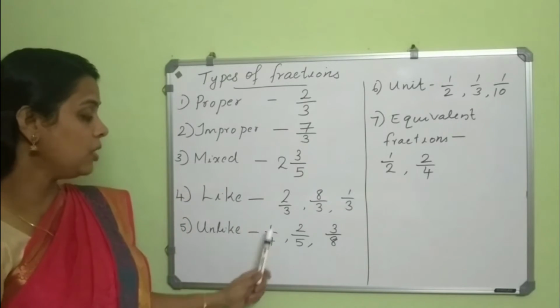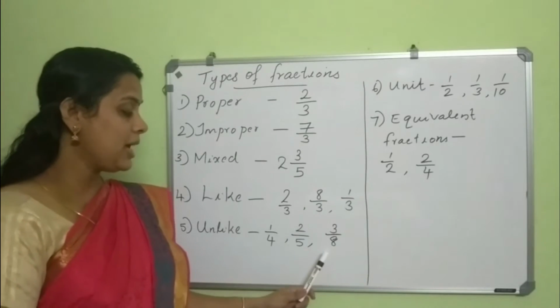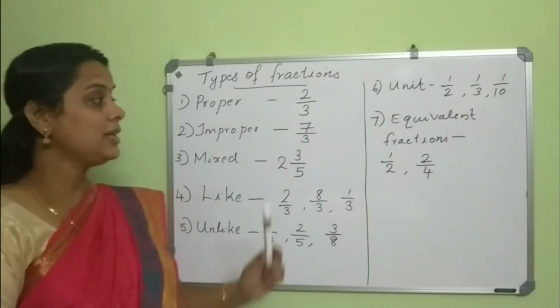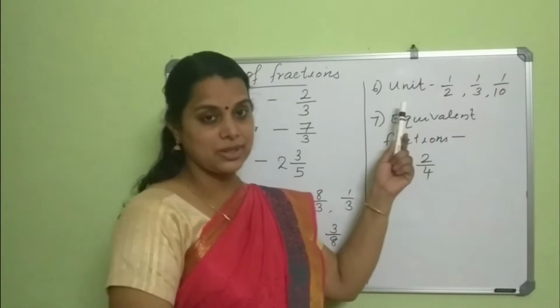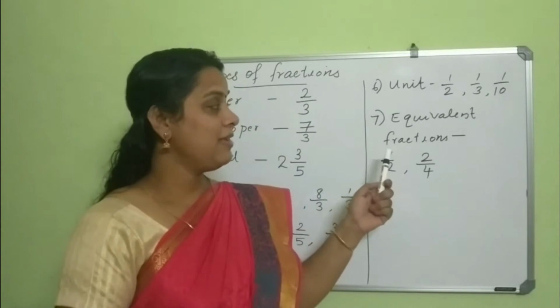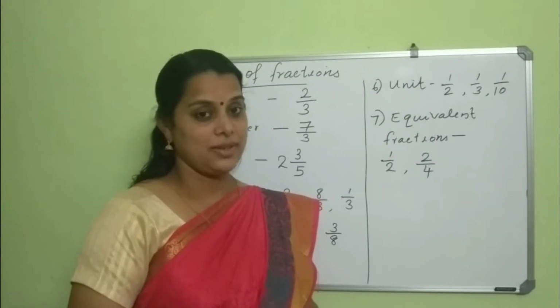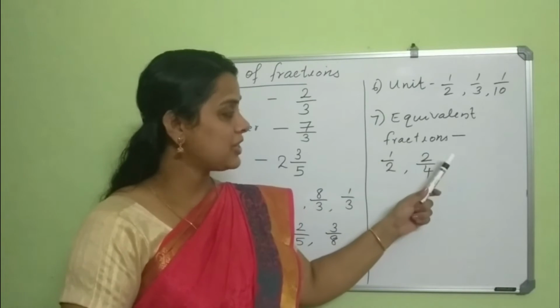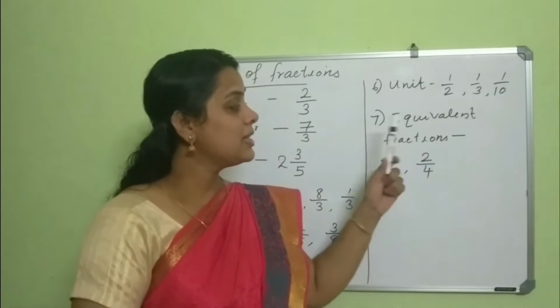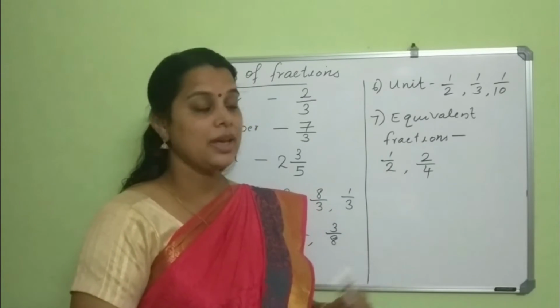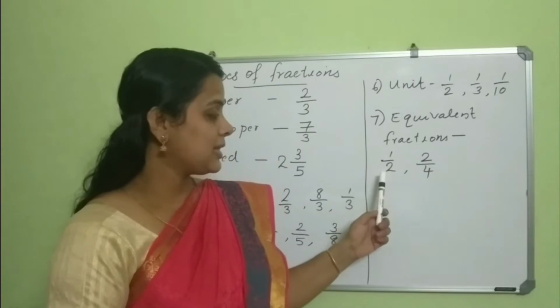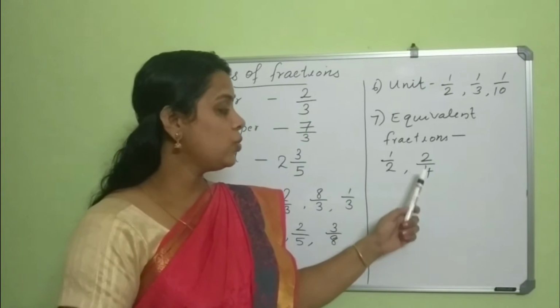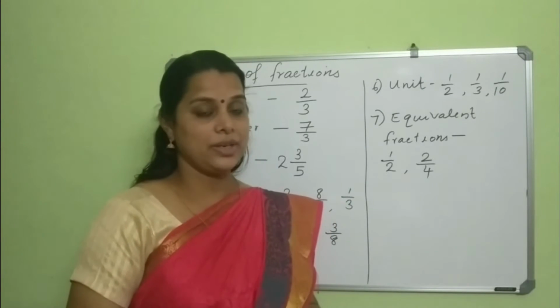Example 1 by 4, 2 by 5, 3 by 8. Next is unit fractions. Fractions having 1 as the numerator are called unit fractions. Equivalent fractions represent the same part of a whole. See here the example, 1 by 2 and 2 by 4 are equivalent.